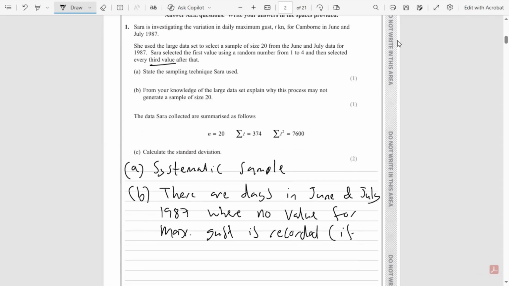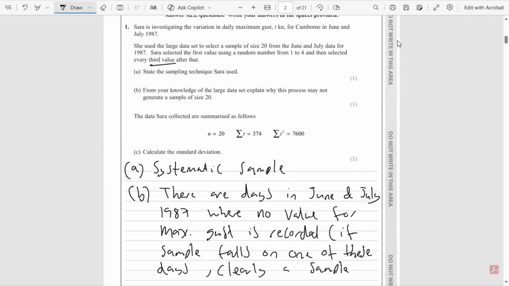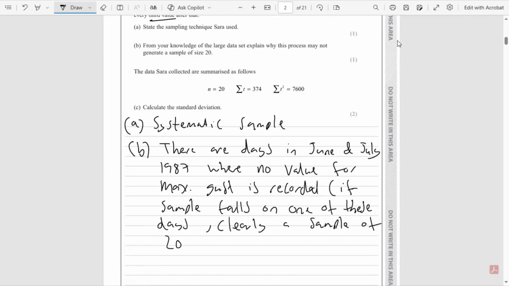So you can just say if the sample falls on one of these days, clearly a sample of 20 won't be generated. Perfect. So that is part B to the question.